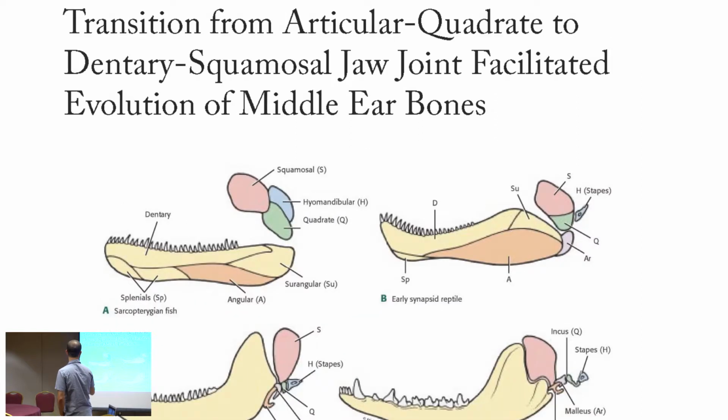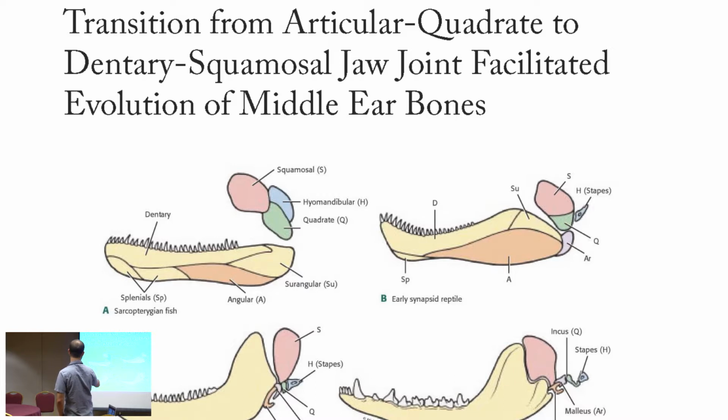And really just a schematic here, sorry if this is a little complicated, but you can see this bone right here and this bone right here. These are the upper and lower jaw of a fish. They make a joint together, and that's the hinging jaw of a fish. But as fish have gone to reptiles, these bones have gotten a lot smaller.